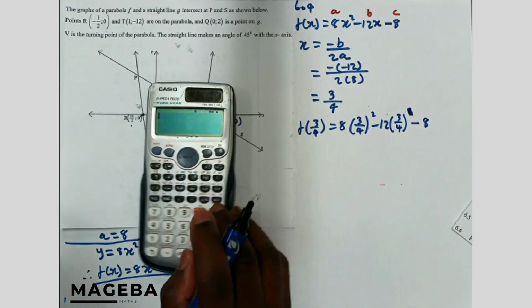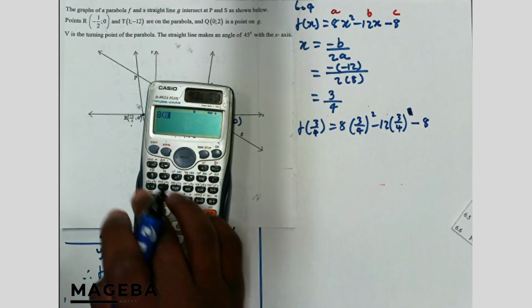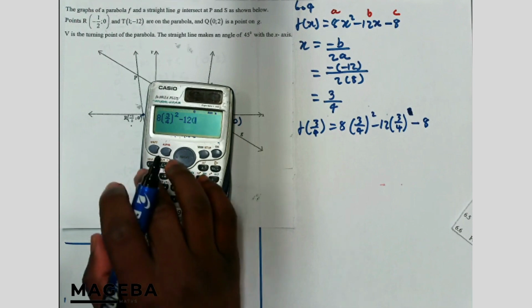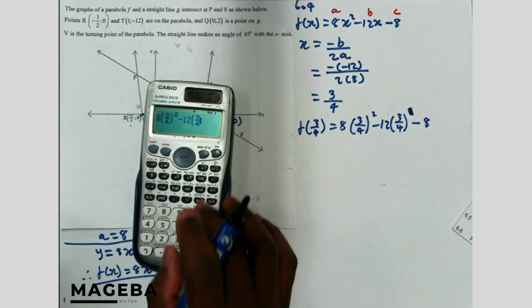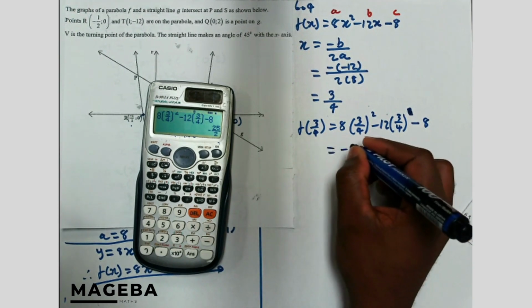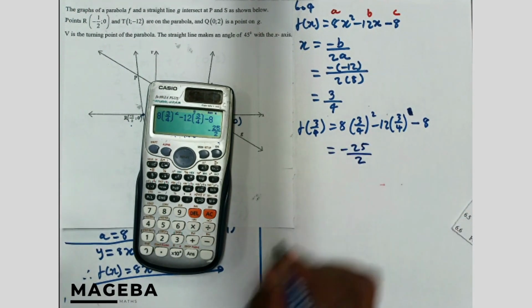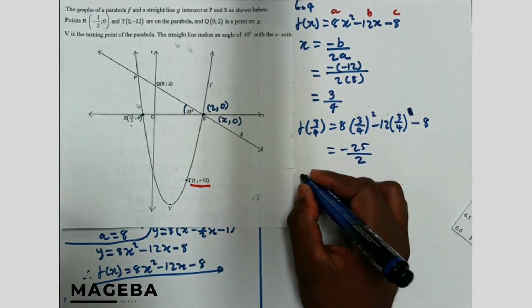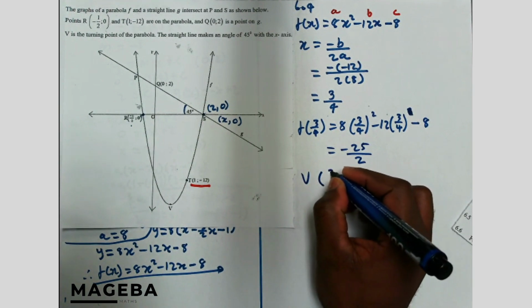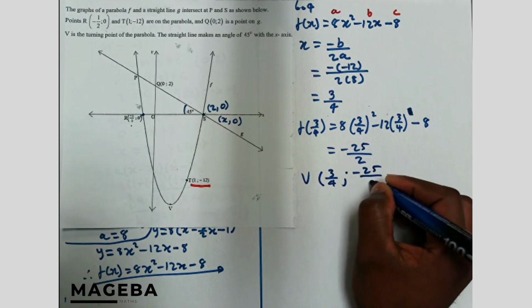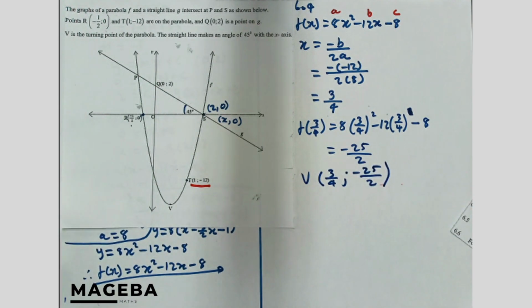From here substitute, punch it on the calculator, 3 over 4 all squared minus 12 into 3 over 4 and then minus 8, which gives us negative 25 over 2. Then this is my y of a turning point, so my V, it's what? It's 3 over 4, negative 25 over 2. So this is my turning point.